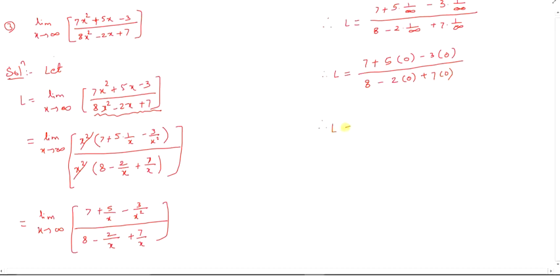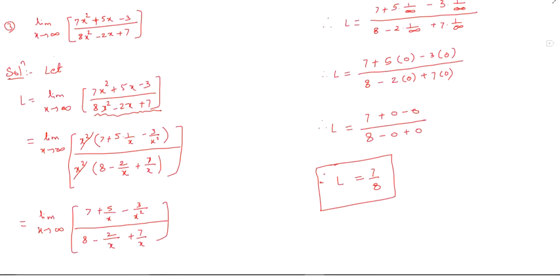Therefore L is equal to 7 plus 0 upon 8 minus 0, that is, L is equal to 7 by 8. This is our required answer. So this is about the limit by using infinity.